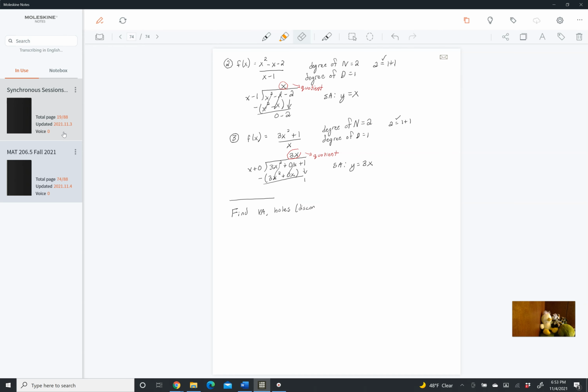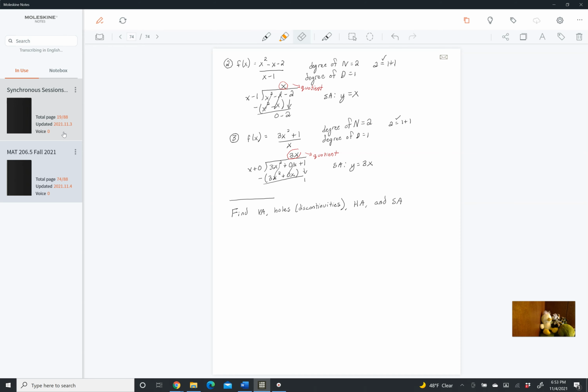Holes, which we also refer to as discontinuities. The horizontal asymptote and the slant asymptote, which remember, it can also be called the oblique asymptote. It just depends on who you're talking to. Same way that a hole could be called a discontinuity.